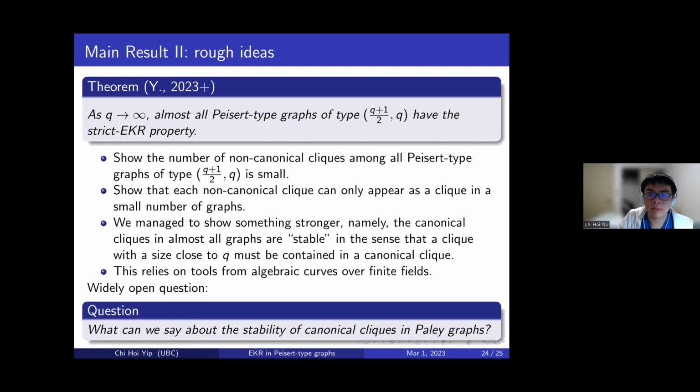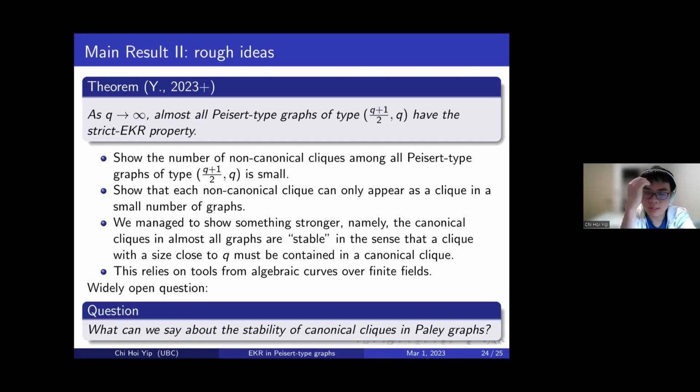But the best known result is Q minus 1. So you can see there's a huge gap between Q over 2 and Q minus 1. Q minus 1 is almost trivial, and if we want to do Q minus 2, I guess our current technique cannot achieve that. So it's widely open. I see. Thank you.